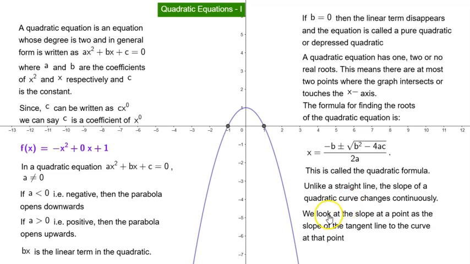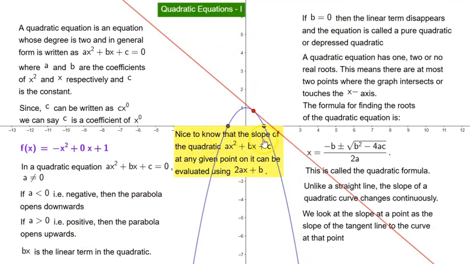Okay, now as far as the slope is concerned, we take a point anywhere on the curve and we draw a tangent. Then the slope of this parabola is equal to the slope of this tangent at this point. That means the slope will keep changing as I move that point.